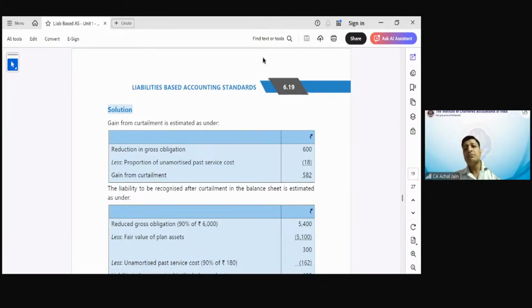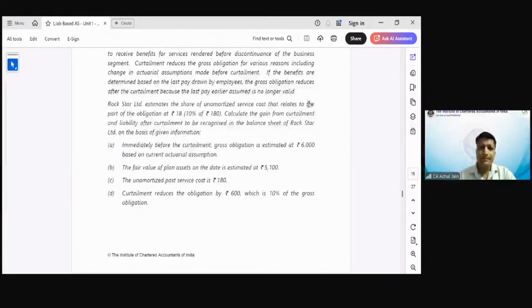there is some past service cost. Now, what is this past service cost? We are given that Rockstar has estimated the share of unamortized service cost that relates to this part of the obligation is 180. I'm talking about the gross amount.